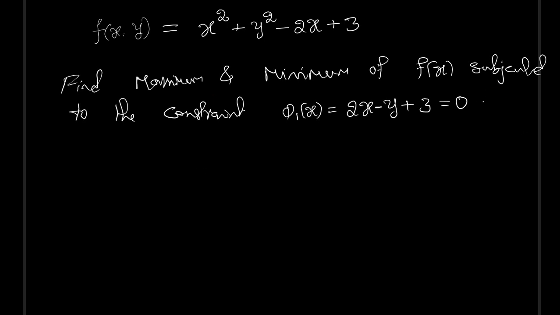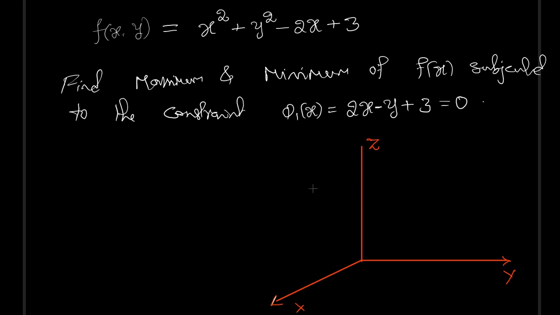So geometrically what they are asking is, let's assume that you have this function like this. Why? Because it is a function of 3 variables, right? So the domain, I'm going to take it here. So assume that one is the x-axis, another one is the y-axis, and this is the z-axis.